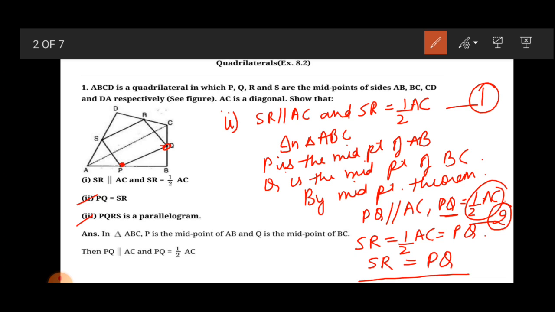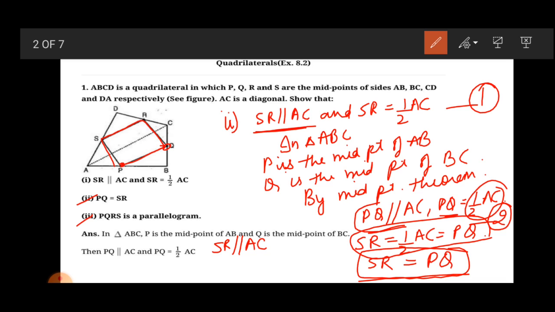Third part, PQRS is a parallelogram. Now in PQRS, SR is equal to PQ, and from the first equation we know SR is parallel to AC and from the second equation we know AC is parallel to PQ.